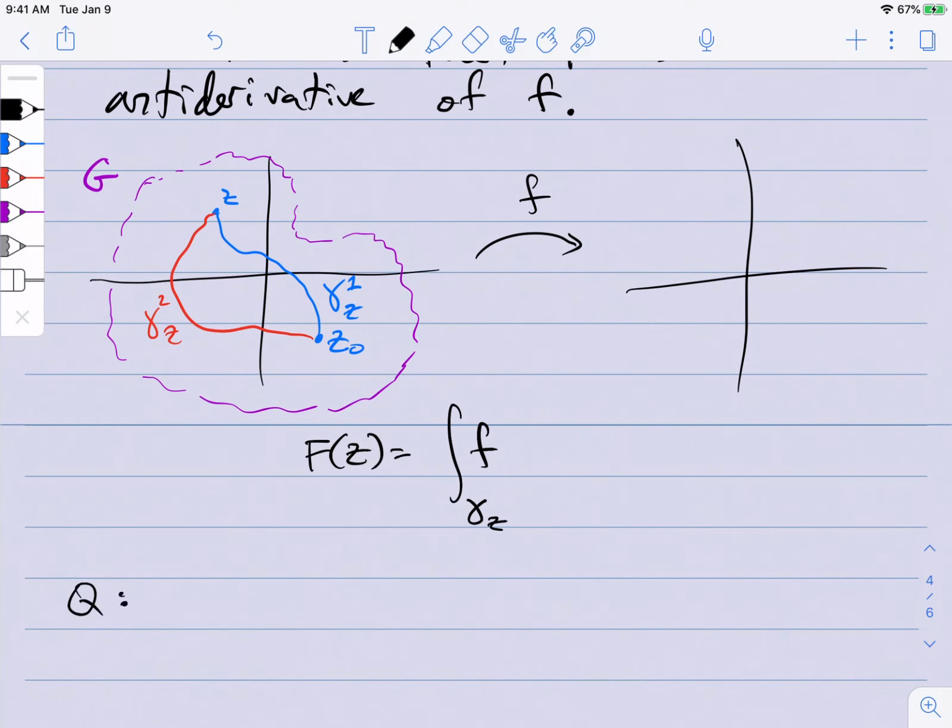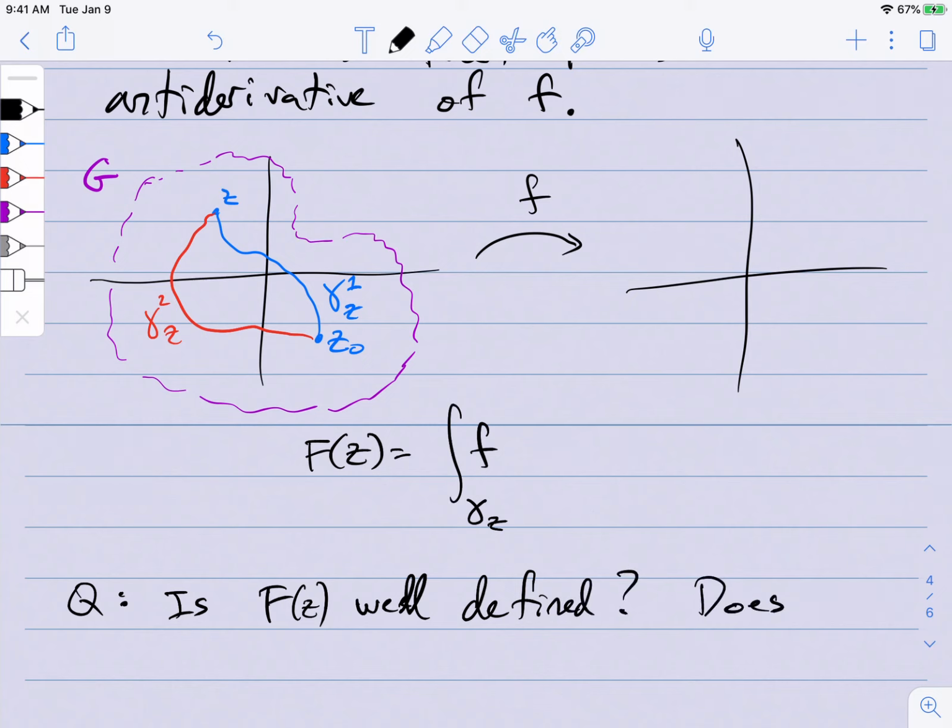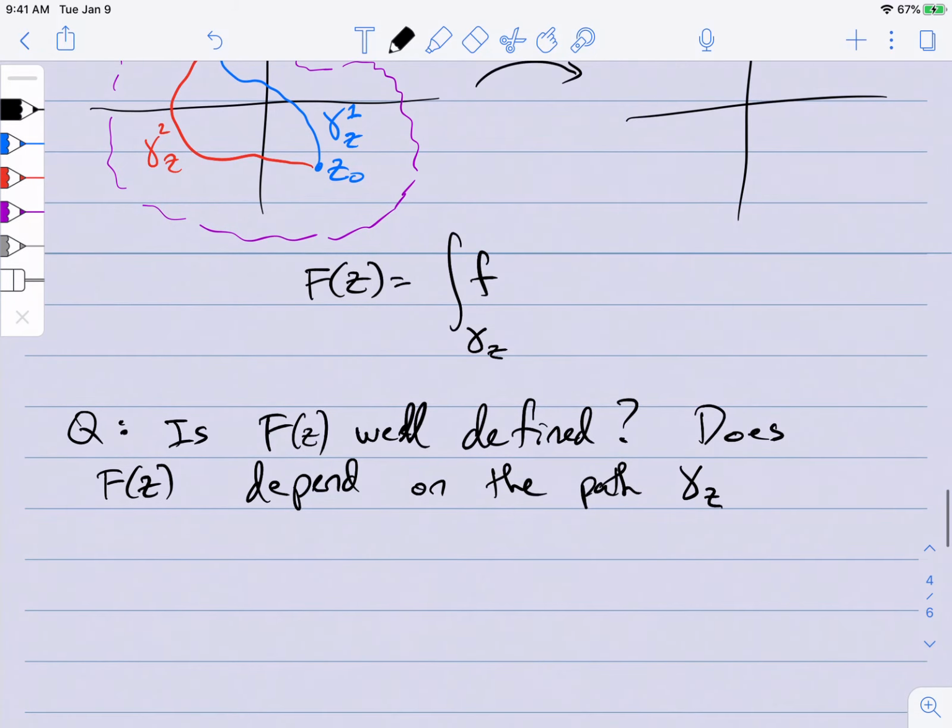So the question is, is F of z well defined? In other words, does the value of F of z depend on the path gamma z that we choose? Because I didn't say anything about this except that it's a path from z0 to z. So there's many choices. And you should worry that it might depend on which choice we choose, in which case capital F of z is not really well defined.